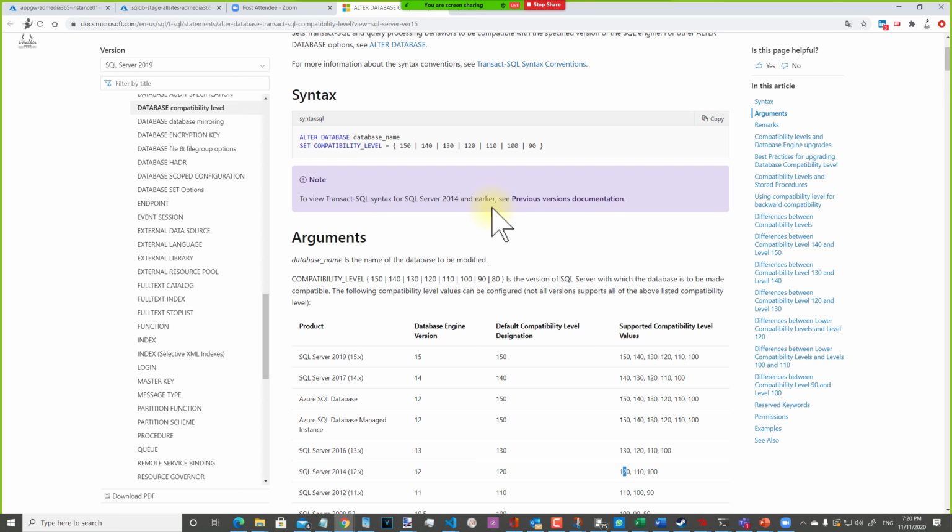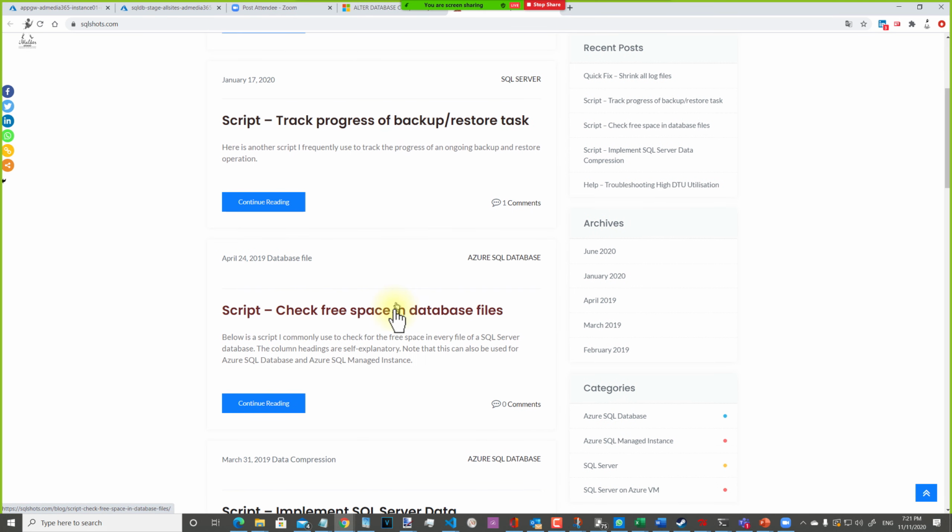Second part, as I mentioned, it's all about the indexes, DTU, etc. This is SQL Shots. This is a blog of my colleague, Depinder Arora. He worked with us on our team with the SQL work.